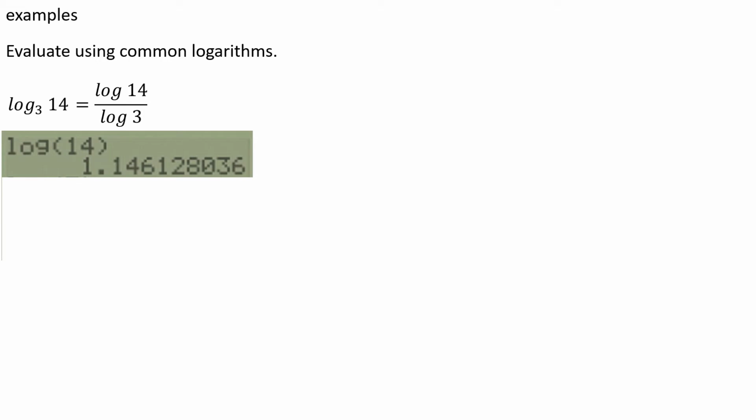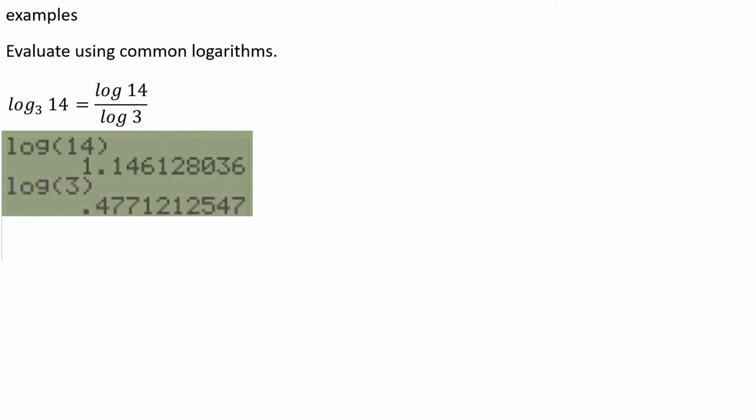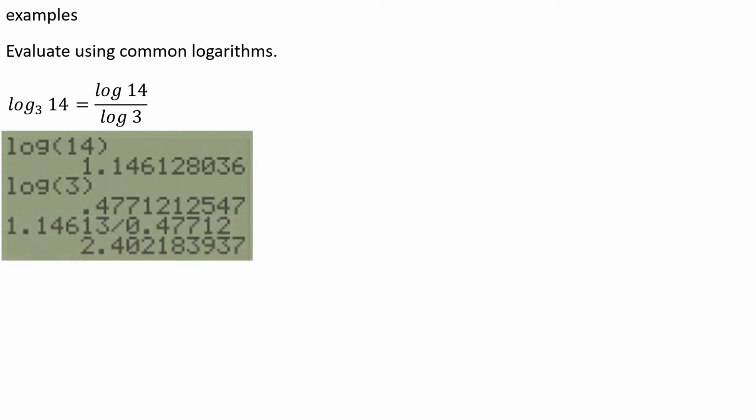On a calculator, I can figure out log 14. On a calculator, I can figure out log 3. And if I do the division, take the answer from log 14, divide it by the answer from log 3, I come up with about 2.4. All right, if I round it off to 2 decimal places, 2.40.